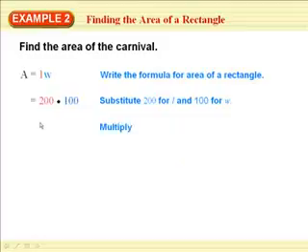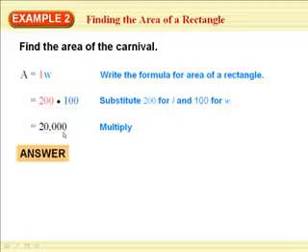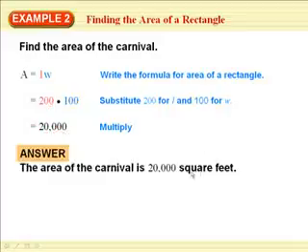Just take 1 times 2, and notice there's 1, 2, 3, 4 zeros up here. So you put 1, 2, 3, 4 zeros in your answer. And then down in the final answer, here's where they will put the appropriate label, 20,000 square feet, or you could write it feet squared. But you must put the right label on area and perimeter. In this case, it has to be squared because area is always squared.